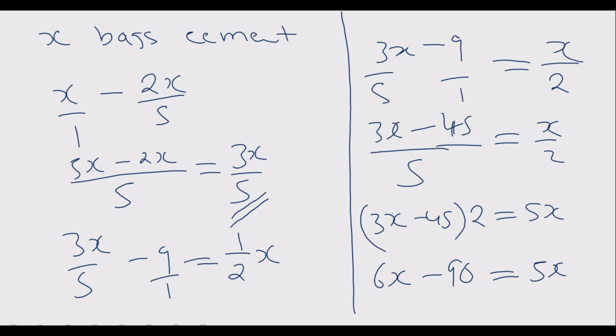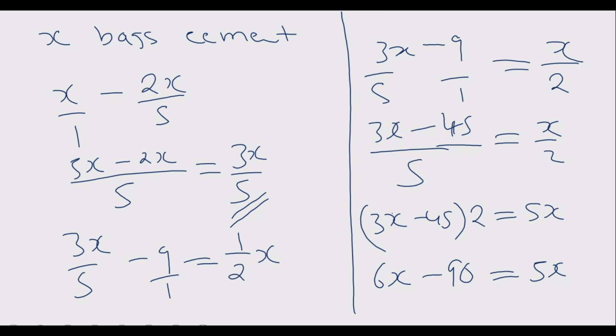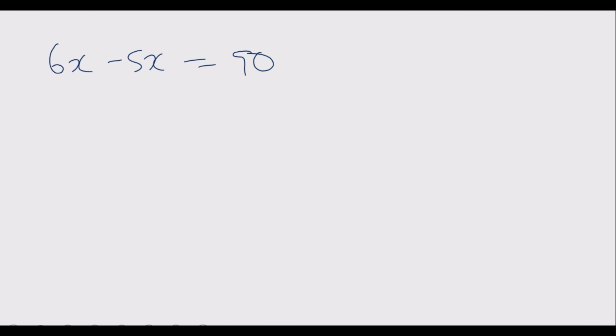So what comes here is collecting the like terms. We have 6x minus 5x is equal to 90, because when 90 crosses the equal sign, it becomes positive, and when 5x crosses the equal sign, it becomes negative. So we have x is equal to 90.